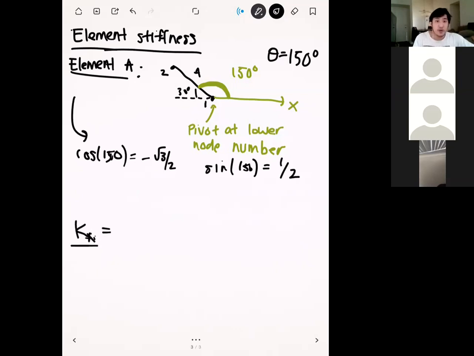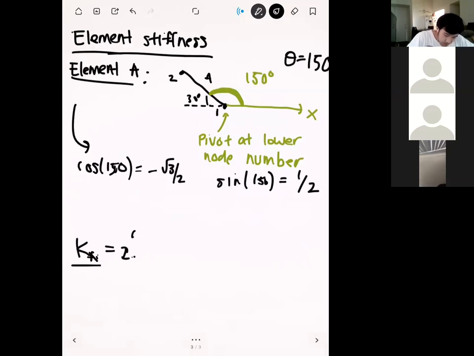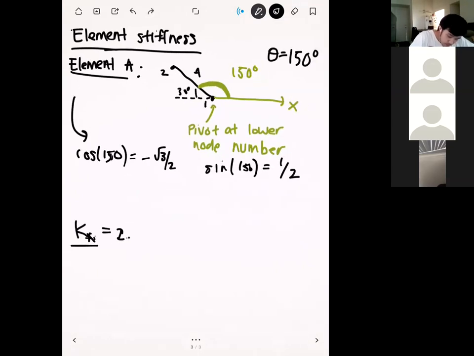And then so now that we know the angle and we know all the material properties for that element, we can go ahead and fill in the element stiffness matrix for element A. Okay. So we have 2.5 times 10 to the 5th. Okay. And then we're going to multiply by all our terms with the sines and cosines.